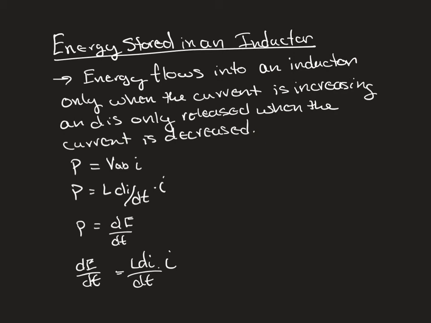Alright, I'm now going to cancel out the dt's so that we get the change in energy is equal to the inductance times the current times the change in current. Alright, so now I'm going to integrate from 0 to I, and this essentially is equal to work.